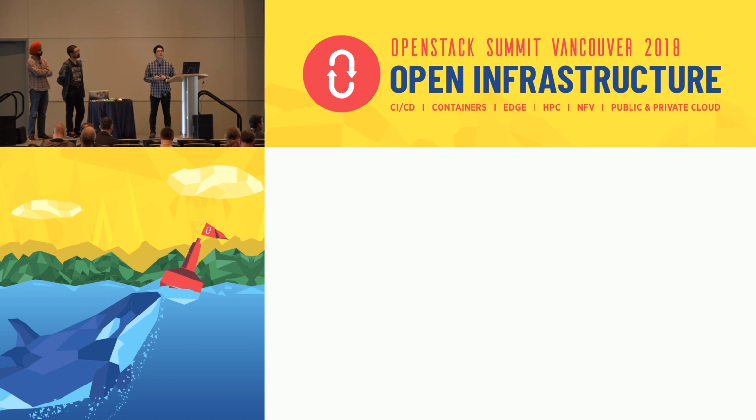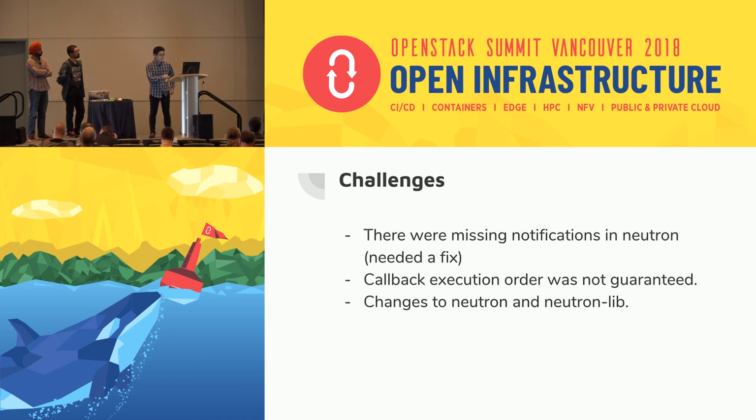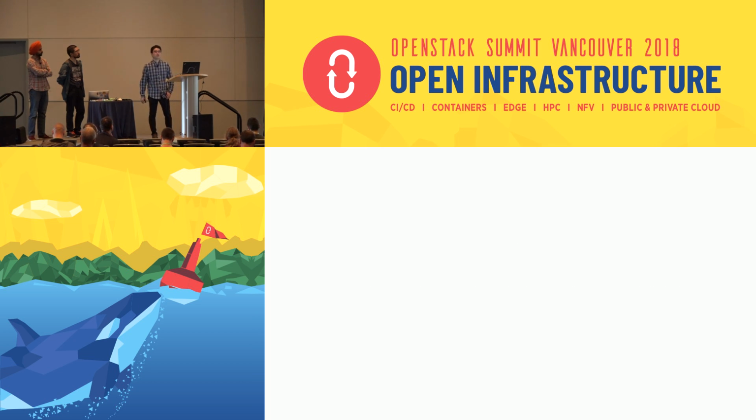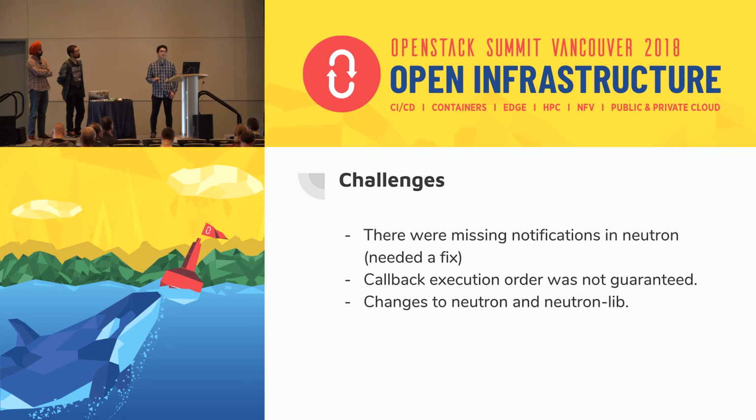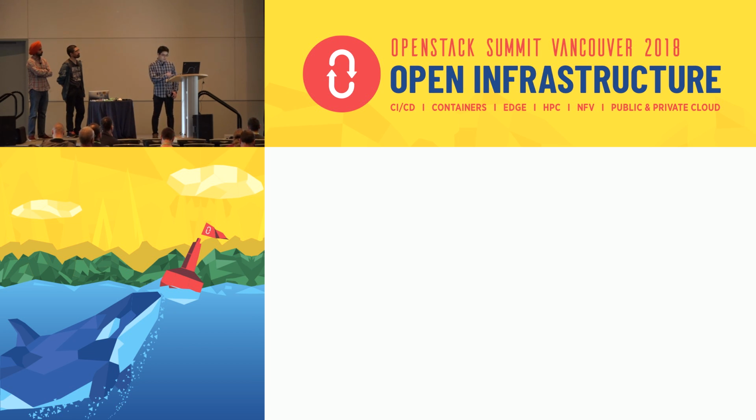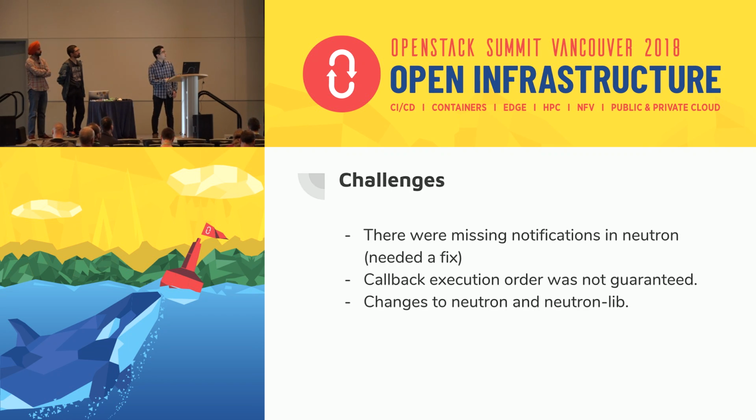Finally, we ended up enhancing the Neutron callback system to add priority to guarantee the order of callbacks. At first we didn't expect it, but we ended up with a clean solution with a collaboration with the community. That's the most significant challenge.